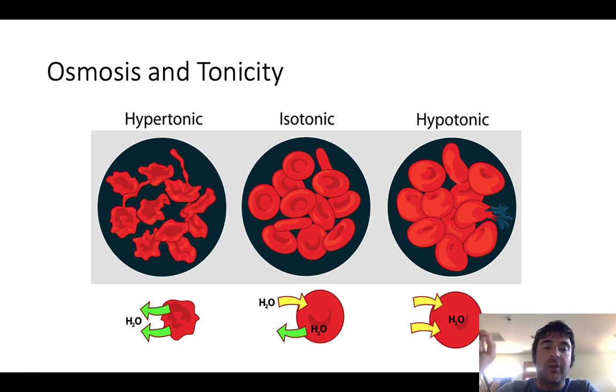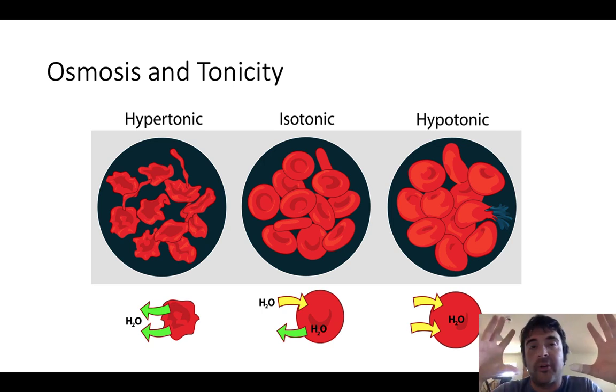Now, this all feeds into a concept that's really important called tonicity. Tonicity refers to what a solution will do to the size and shape of a cell. It's not interchangeable, and Khan Academy kind of gets this wrong, and I love Khan Academy, but they don't do this one well. A solution has a tonicity comparative to a cell.